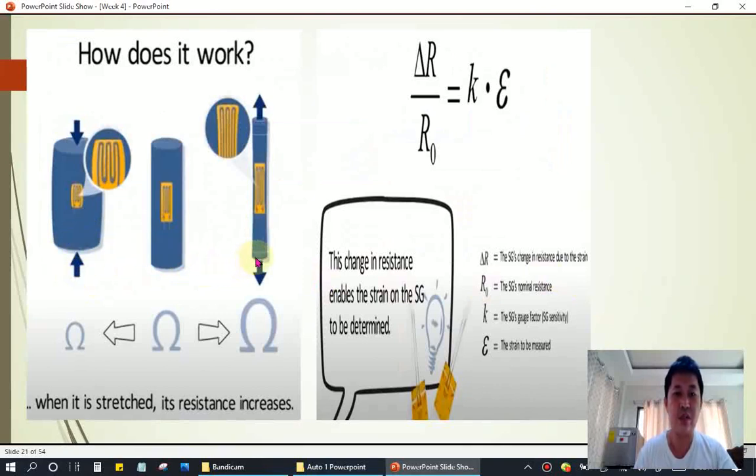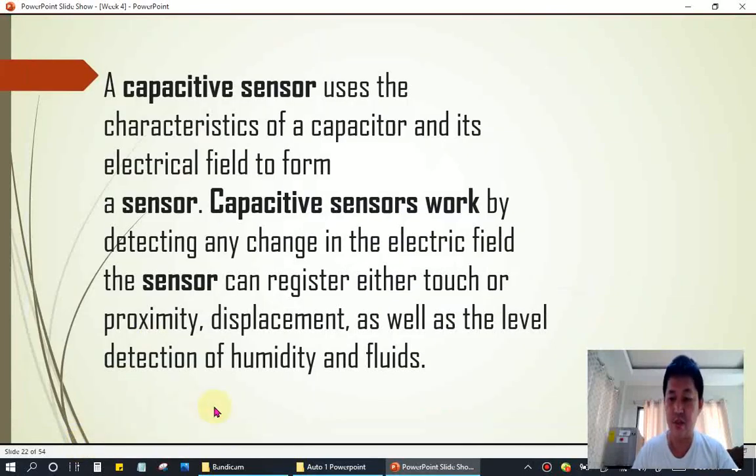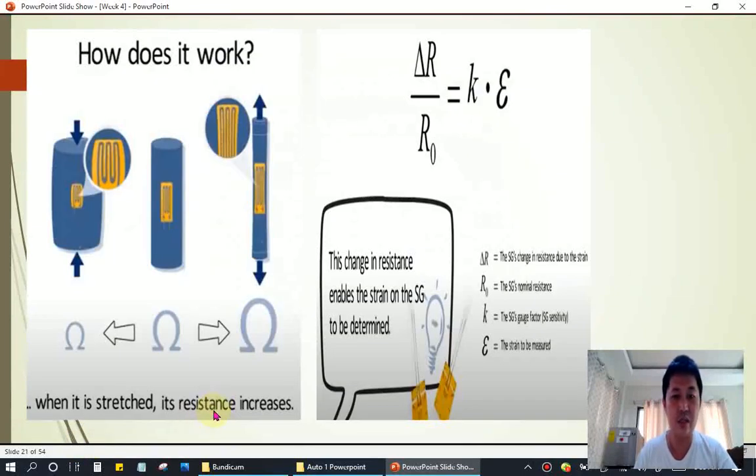And if it is stretched, it is increasing, or positive resistance. So when stretched, its resistance increases. So this is your formula. The change in the resistance enables the strain on the strain gauge to be determined. So this is the legend.